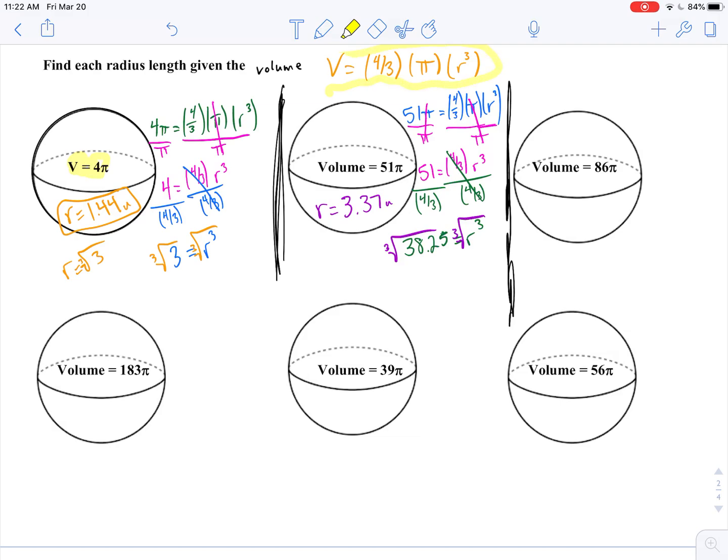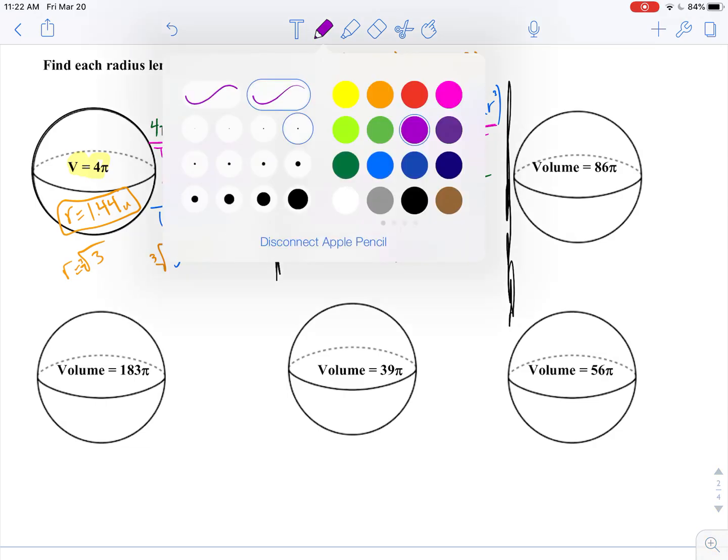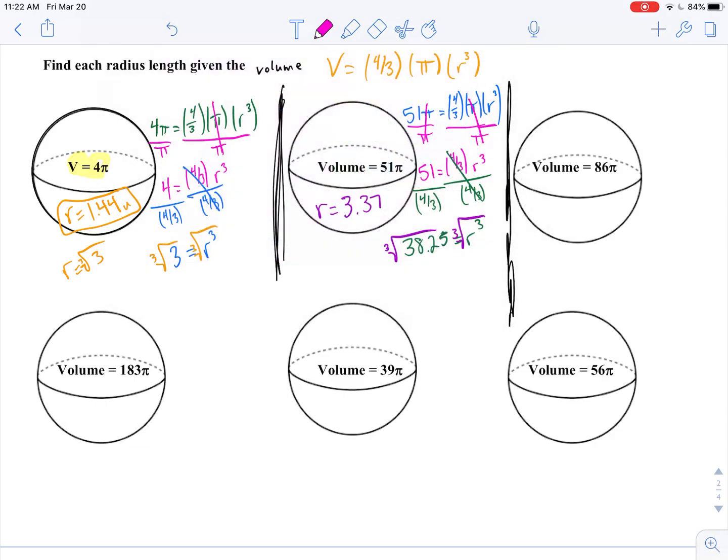And our last one here. Here's my volume. Where in this equation should I be putting my volume, my 86 pi? Well, in this equation, I should probably substitute the volume in for the volume.